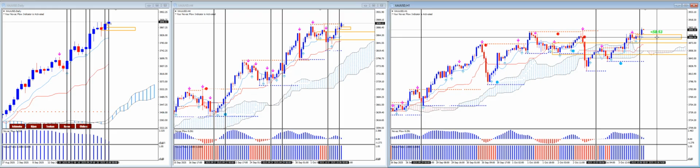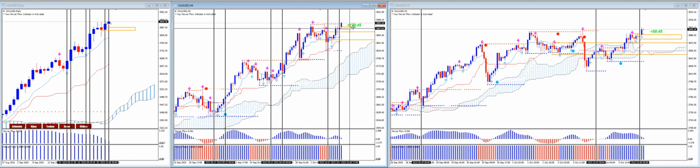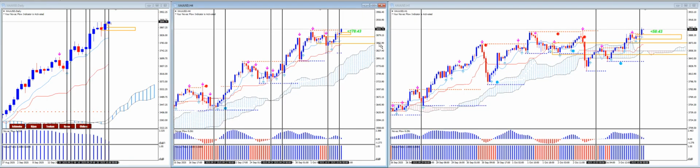So a bit of fundamental on gold. Gold has reached an all-time high over here. Nobody knows where it's going, but it seems like in November and December, there's something huge going to happen in the financial market. That is where a lot of central banks and hedge funds are snapping up gold.